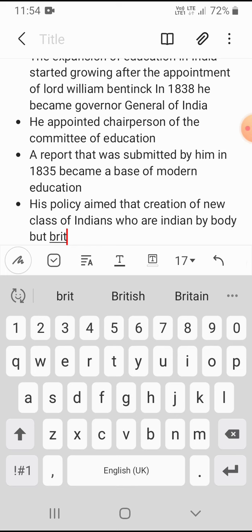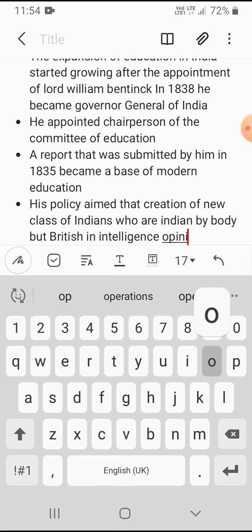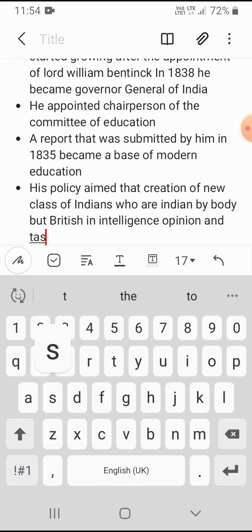So their intelligence was like British, but in body they were Indian. So intelligence, opinion and taste.